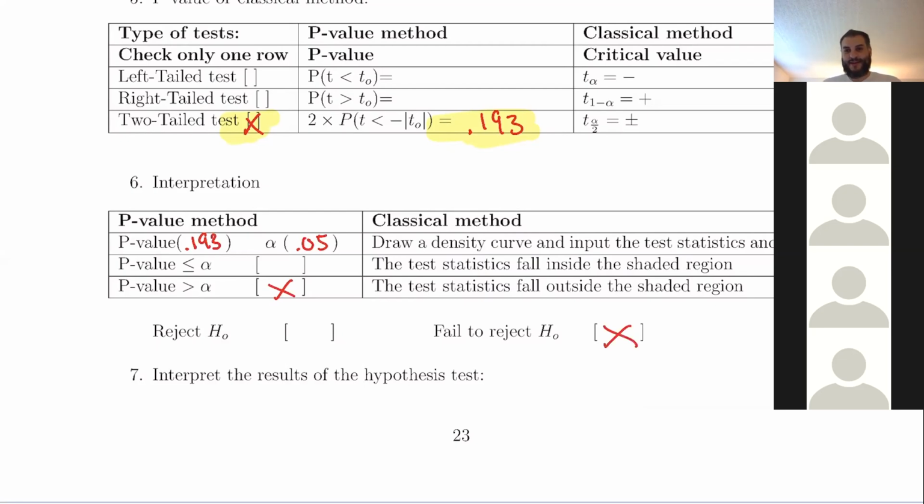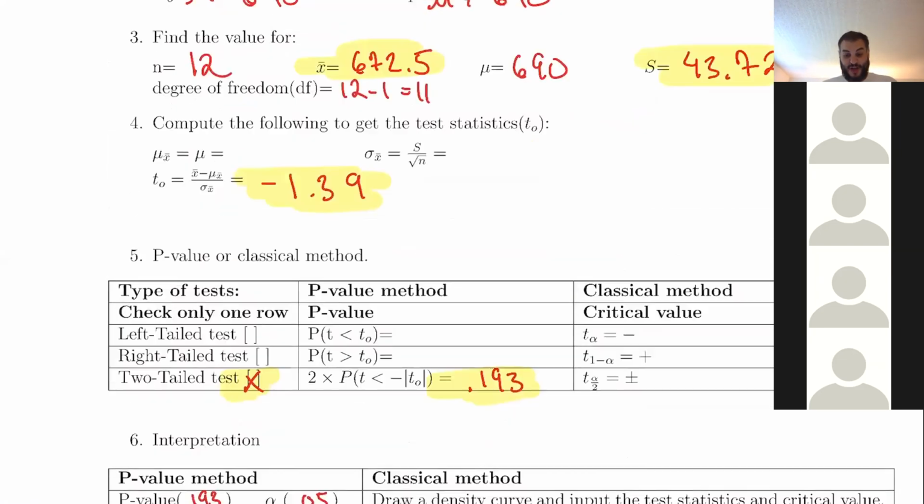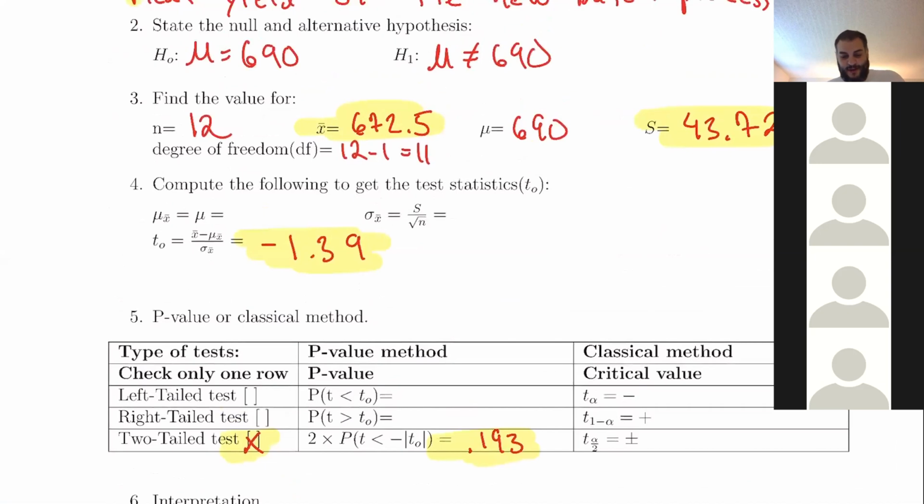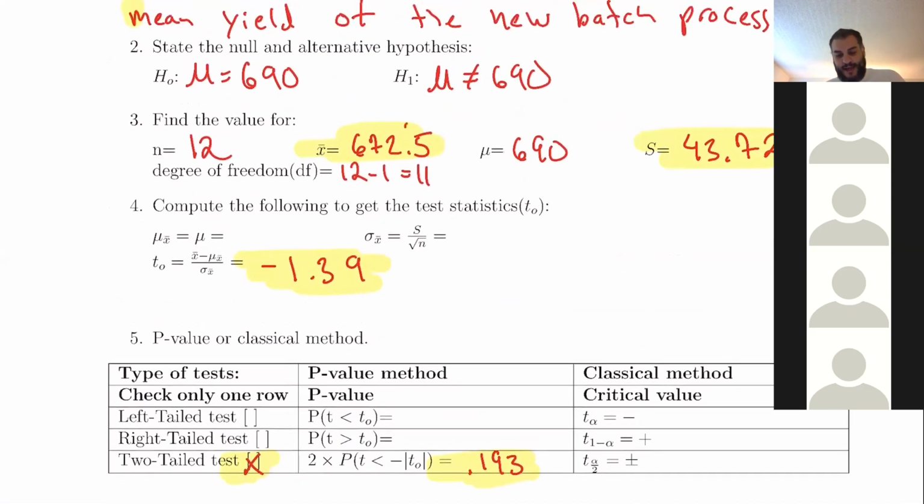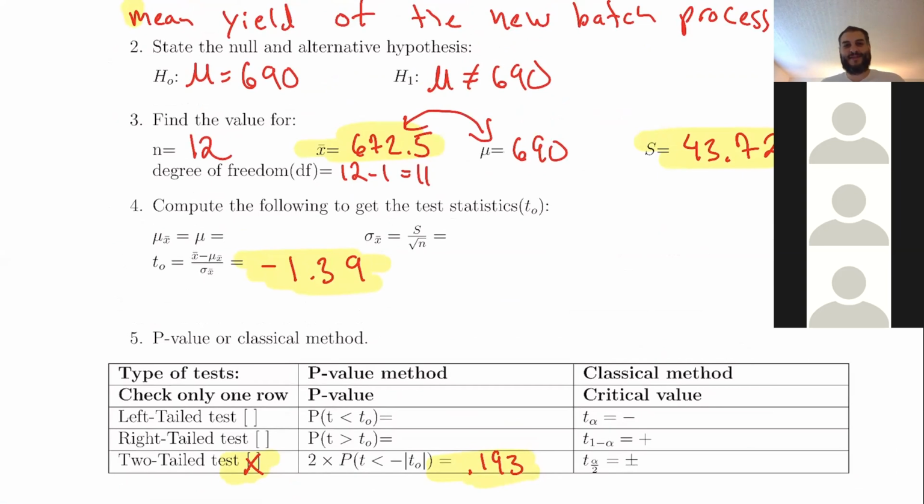So before we make the conclusion, let's go over that. When we fail to reject, we're saying that for this value, there's not a significant difference compared to our standard deviation. Because if you look at 162.5 and 690, there's approximately a difference of like 17.